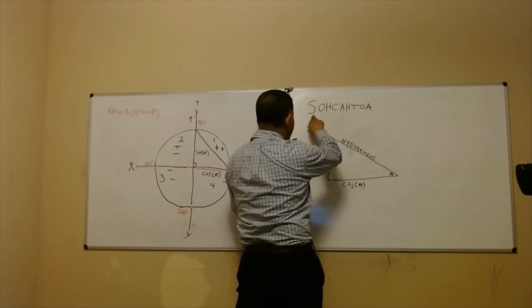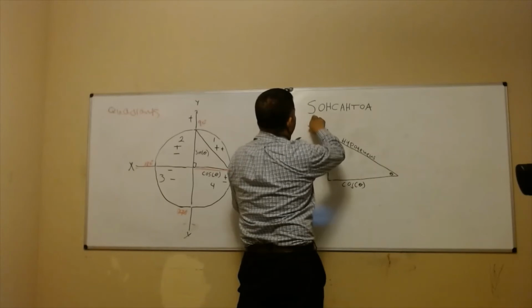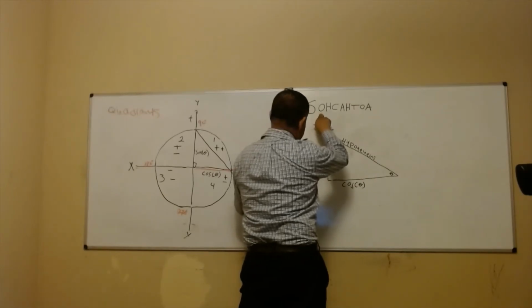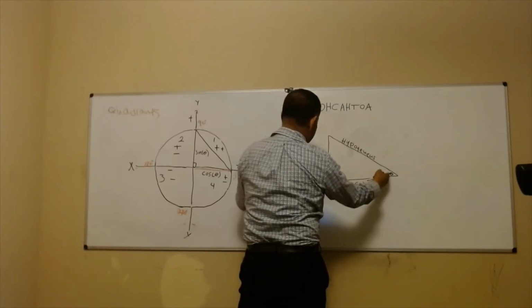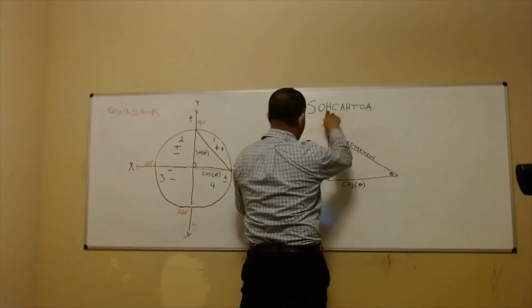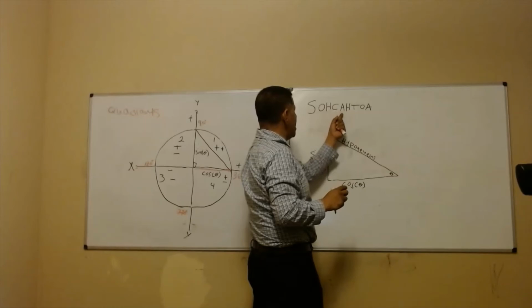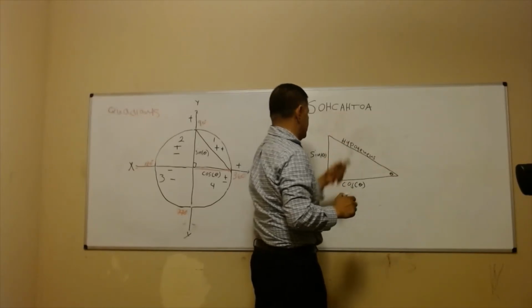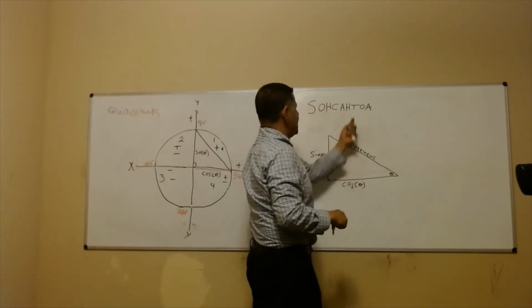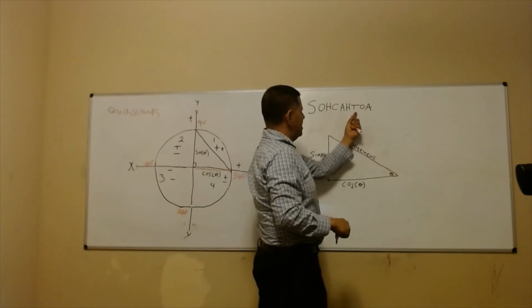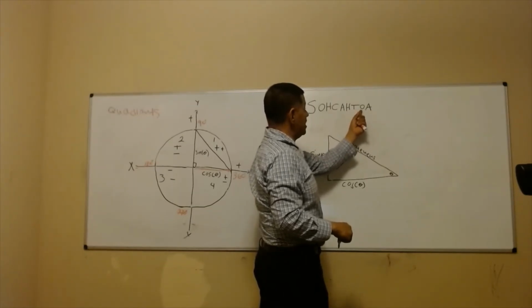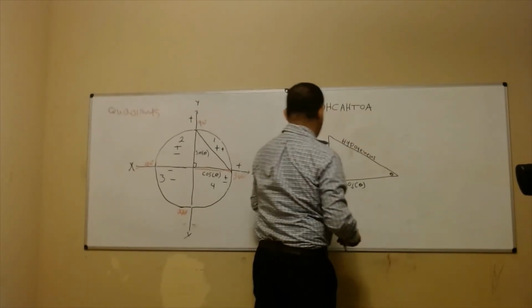Sine is opposite over the hypotenuse. Cosine is adjacent over the hypotenuse. And tangent is opposite over adjacent.